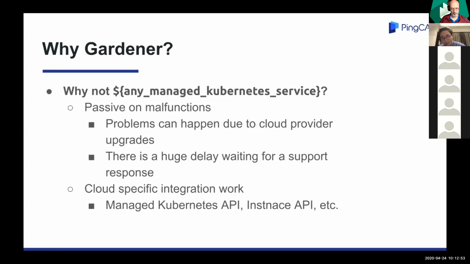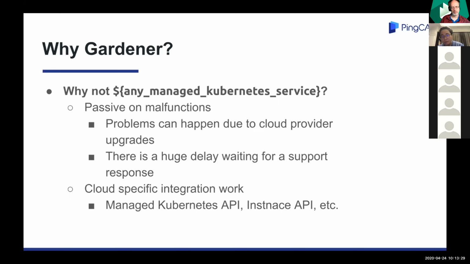And the second point is that there's a lot of cloud-specific integration work when we are integrating managed Kubernetes services provided by cloud providers like EKS and GKE. For example, you have to integrate the GKE and EKS APIs separately, and also you have to integrate the instance APIs like the EC2 API and the GCP instance API.